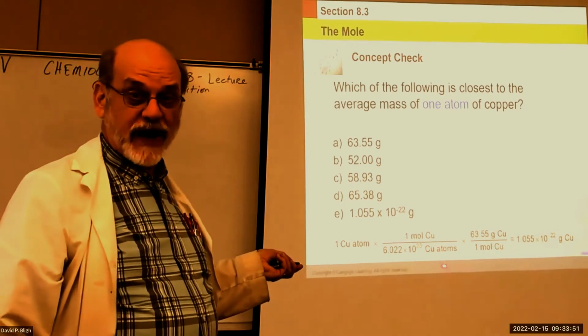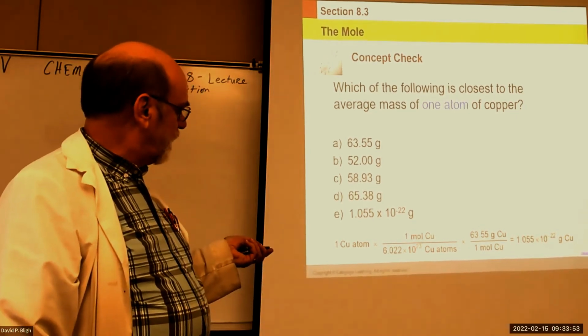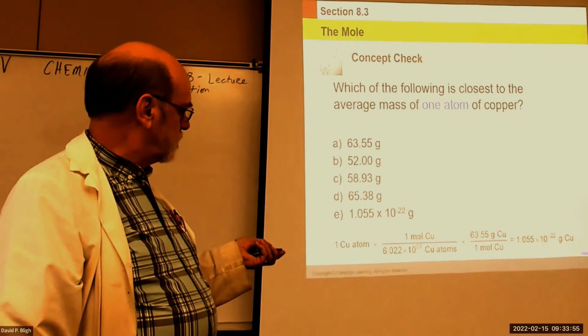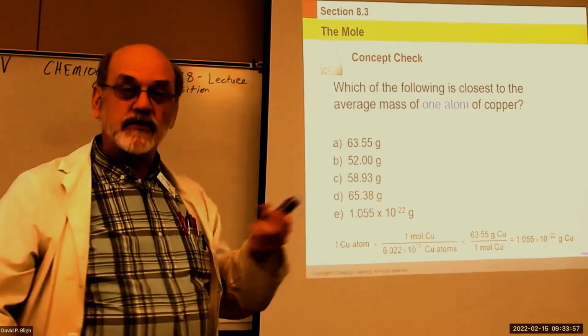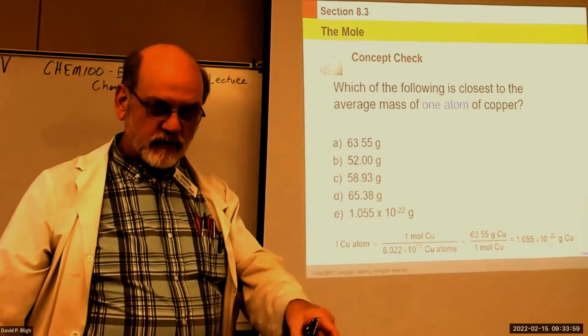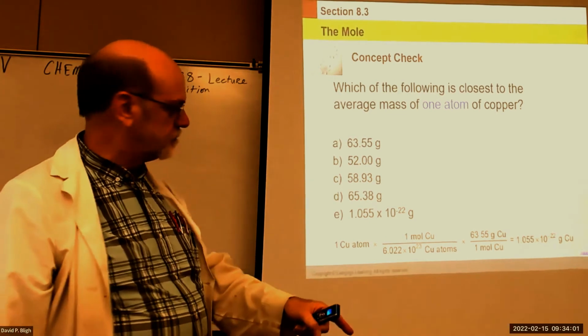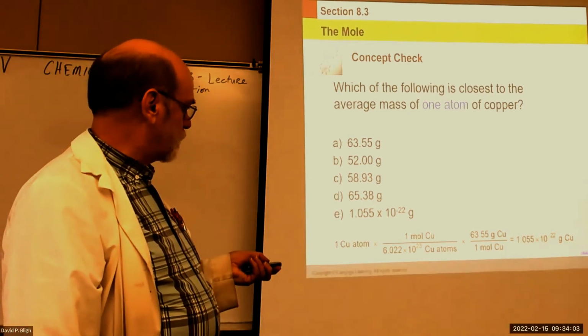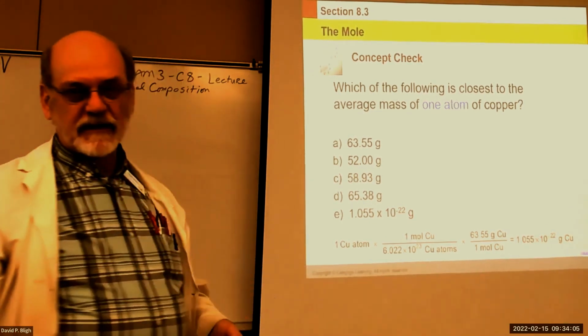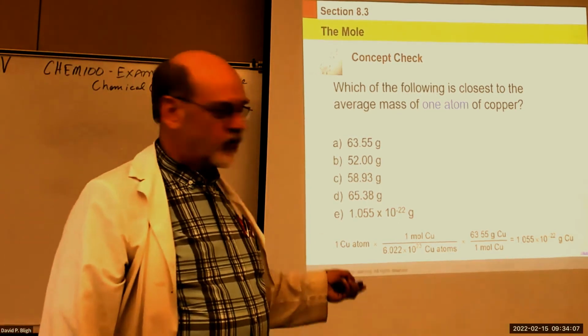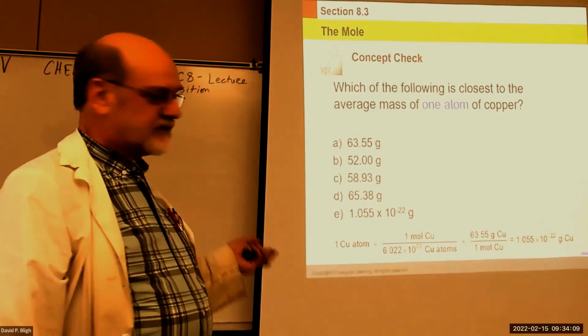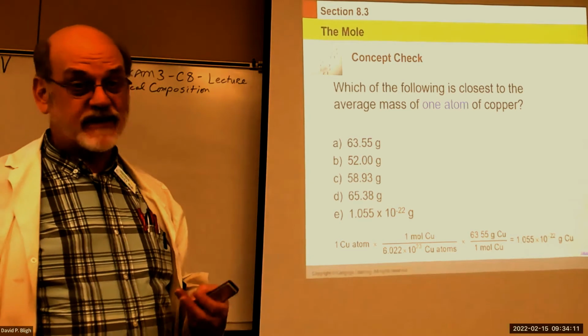Well, it's a very small fraction. And then we convert moles into actual mass by using the molar mass derived from the periodic table. And there's your value. So that's the bona fide way to do it. But test-taking technique says E is the only possibility.